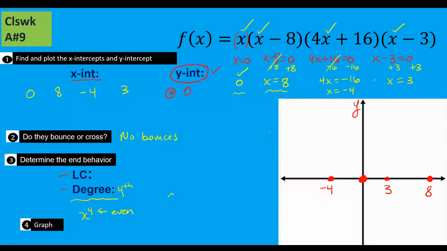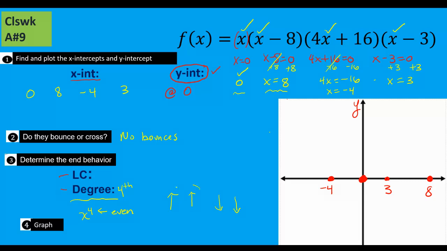And on even degrees, either both arrows go up, how many wiggles we're not talking about, or both arrows go down. We're talking about the direction of the arrows. So for even degree, both arrows go in the same direction.